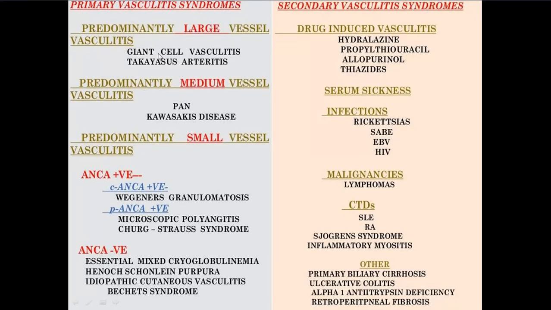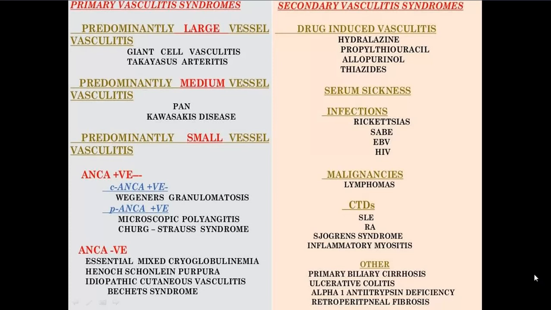Predominantly large vessel vasculitis involves the aorta and the large vessels in the body: giant cell arteritis, also known as temporal arteritis, and Takayasu arteritis. Predominantly medium vessel vasculitis is polyarteritis nodosa and Kawasaki disease. Predominantly small vessel vasculitis can be ANCA positive or ANCA negative.